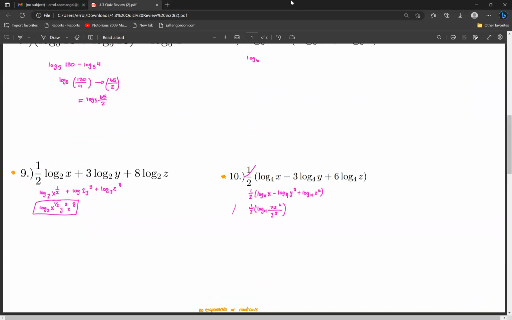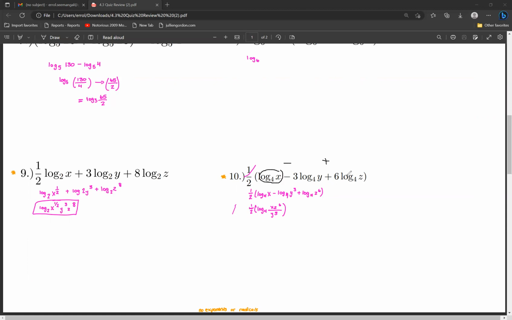10, let's see what you did on 10. You took the half that's on the outside, and we got a subtraction sign there and a plus sign there. So this one will be division, and this one will be multiplication. Okay, so you left the half on the front. z x^6, yeah, that's right.